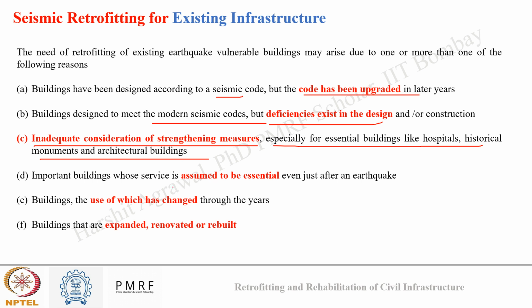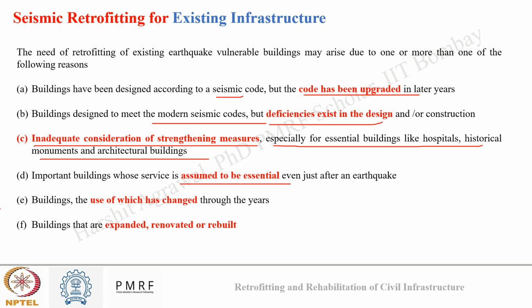Important buildings whose service is assumed to be essential just after an earthquake. Often, once a structure is struck by an earthquake, people or engineers tend to neglect any damage occurrence and continue using the service, which can make a structure vulnerable again to earthquake damage.